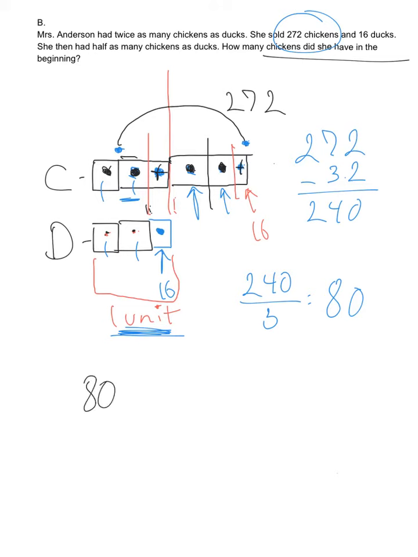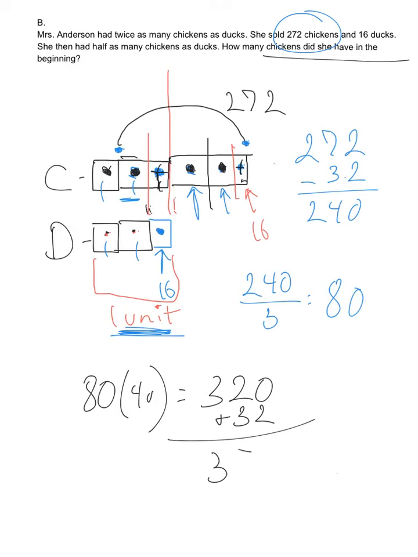So we have 4 units worth 80. That gives us 320. And then, of course, the little pieces that were worth 16 here and here, we're going to add those back in. So that's a total of 32. And when we add those back in, we find out that she started with 352 chickens.